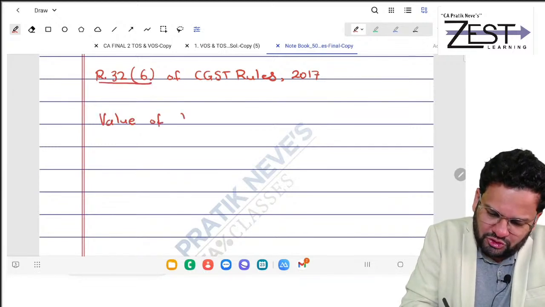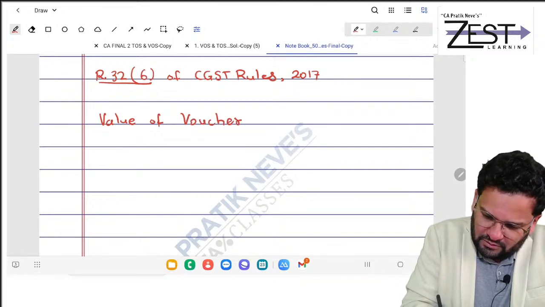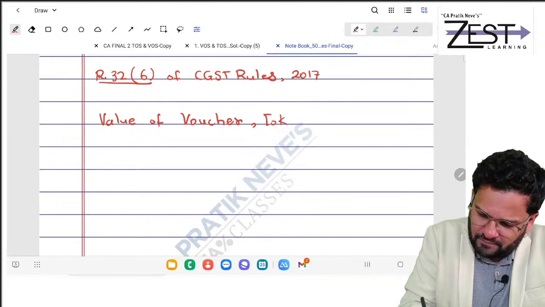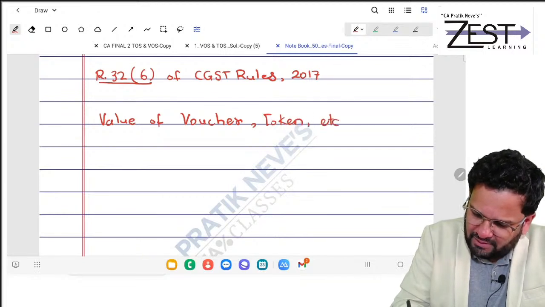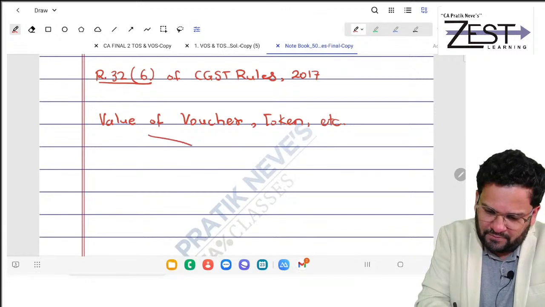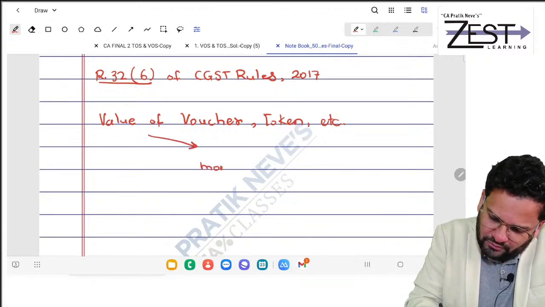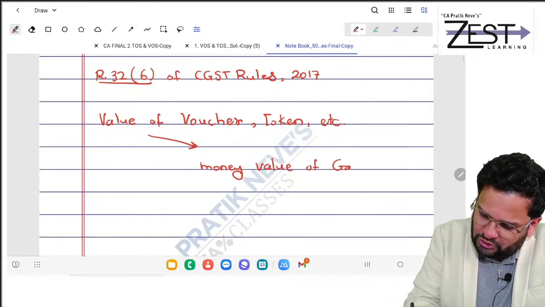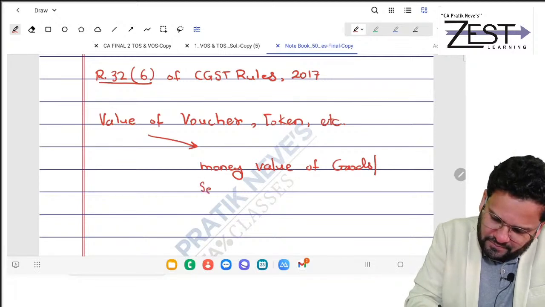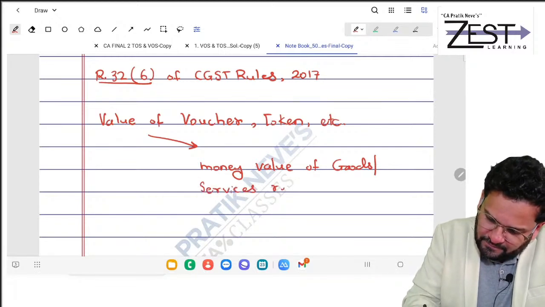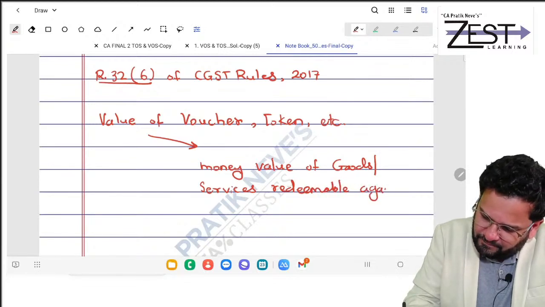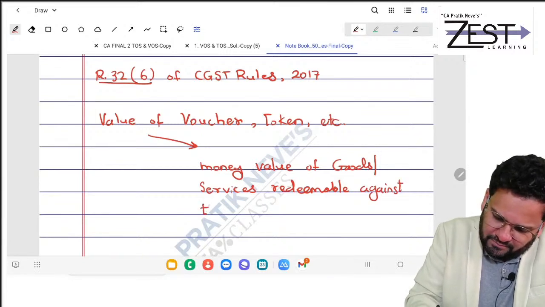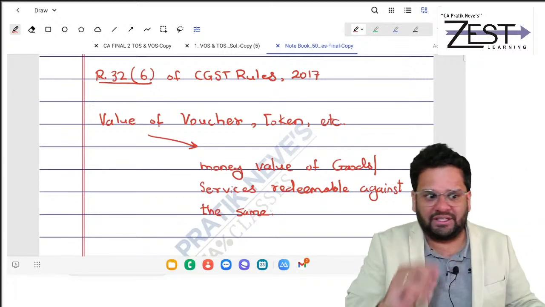Value of voucher, token, etc., by whatever name it is called, will be equal to the money value of goods or services redeemable against the same. When you complete writing this, say done in the chat window.